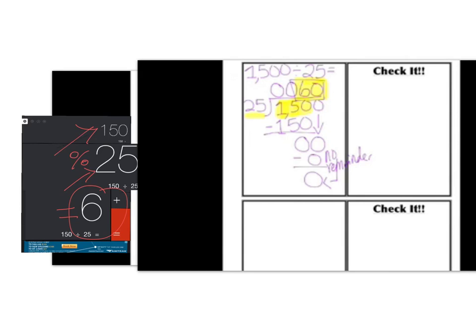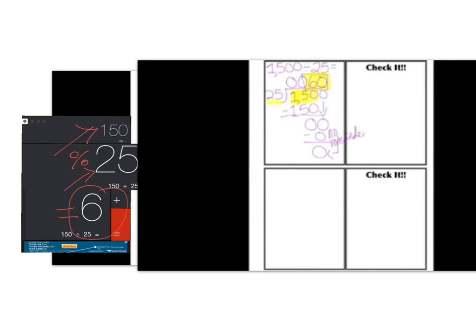Now let's say we wanted to check our work. Remember that division and multiplication are opposites of each other. So we can take our quotient of 60 and multiply it times our divisor of 25. And if we get 1,500, then we know we did it right. Again, you can do this on your calculator.